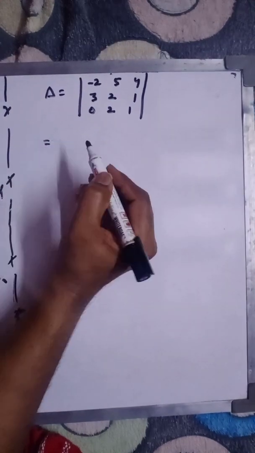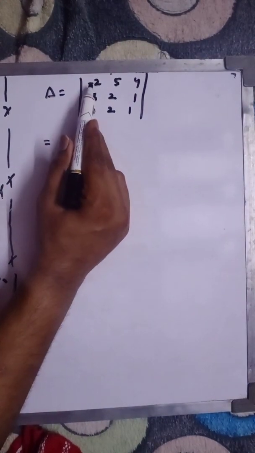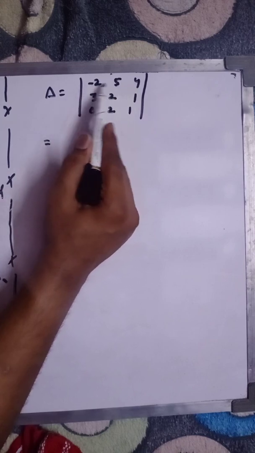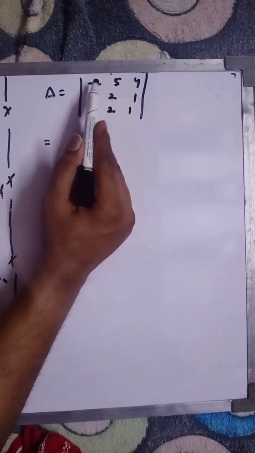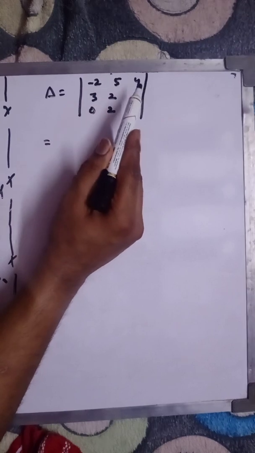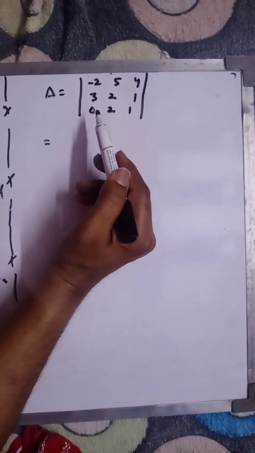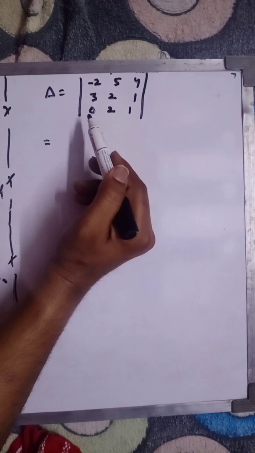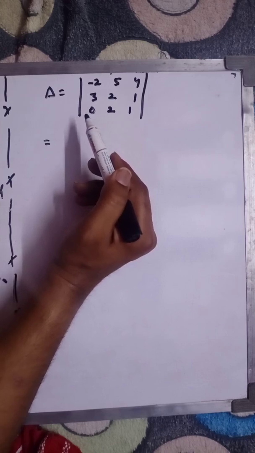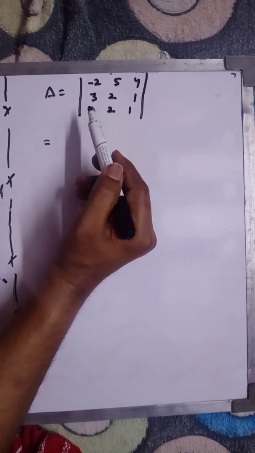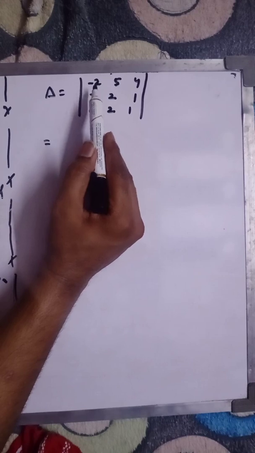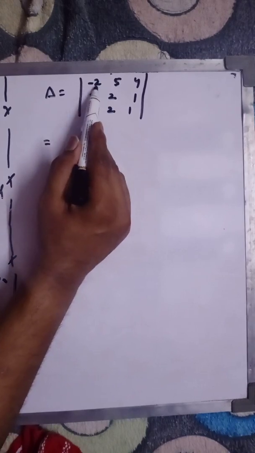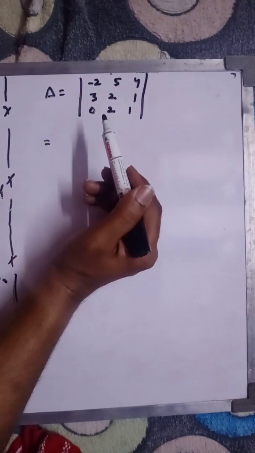See, first of all, I'm going to evaluate this along this row, -2, 5 and 4. And you can expand this using any row or any column. So just see how I'm expanding it. I'm just taking this row and along this row I'm expanding it.